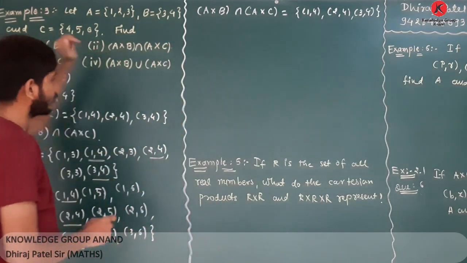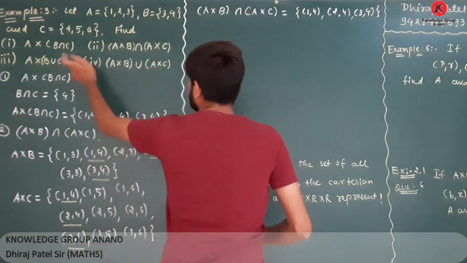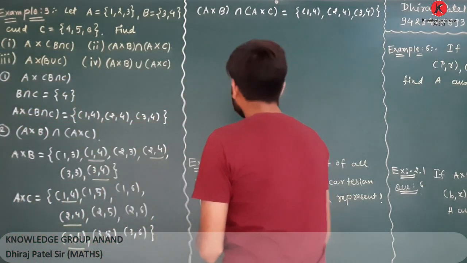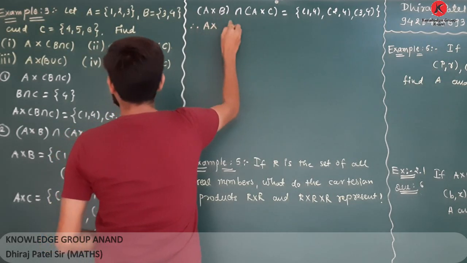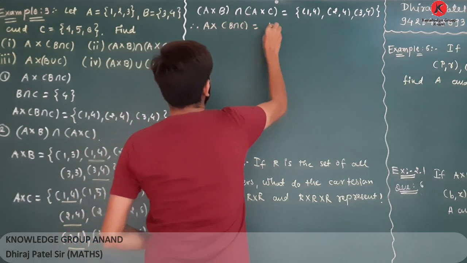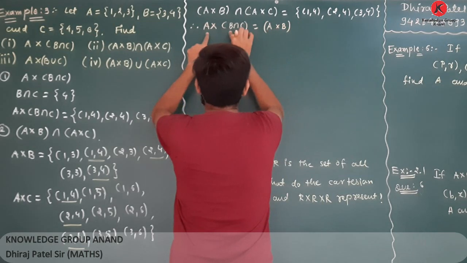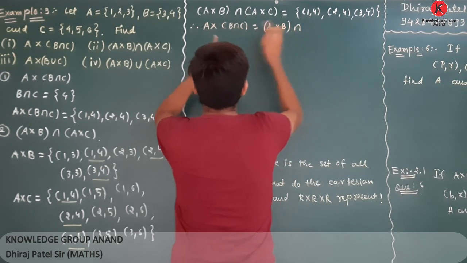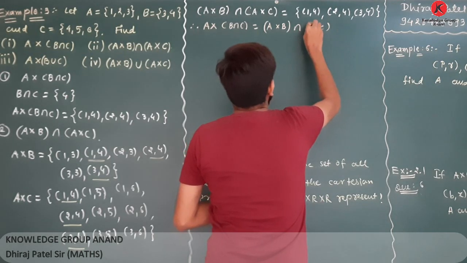Already we discussed that the first and second are both equal because this is the distributive law. Therefore we can say that A cross B intersection C equals A cross B intersection A cross C. This is our distributive law.